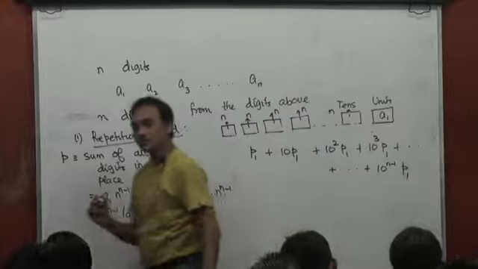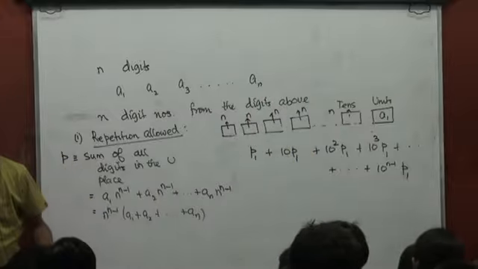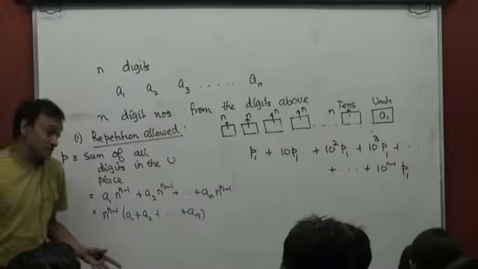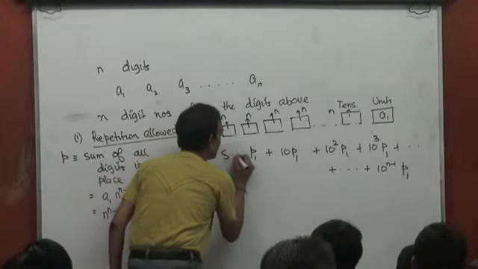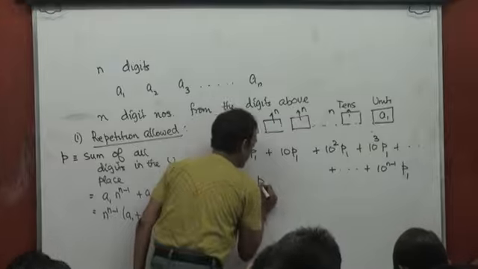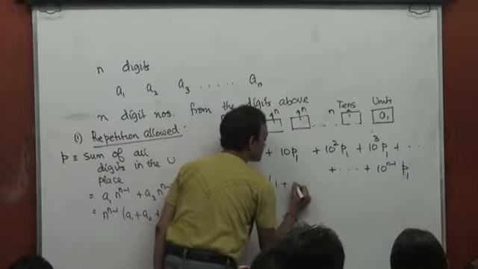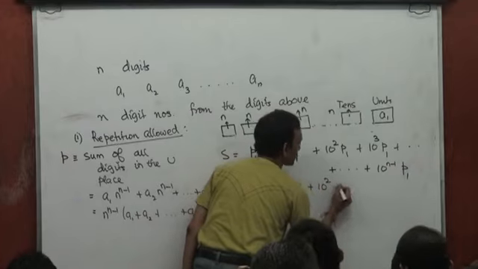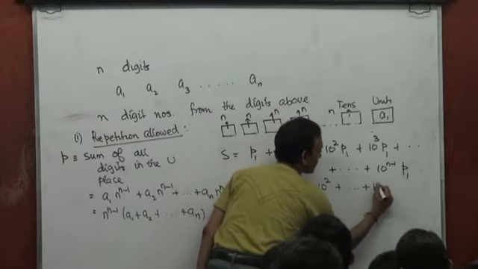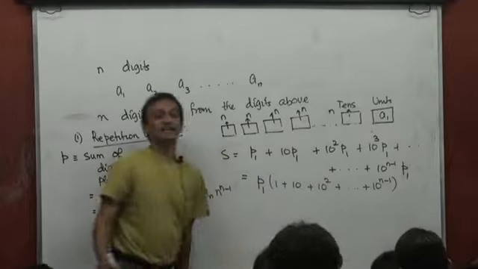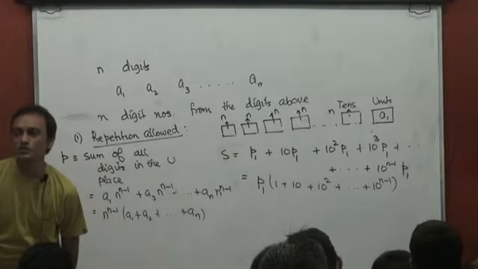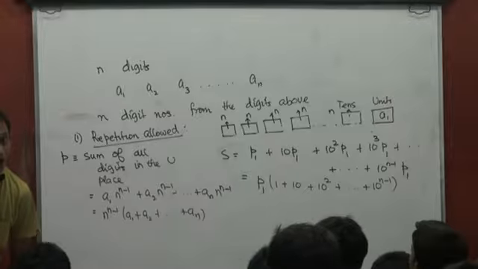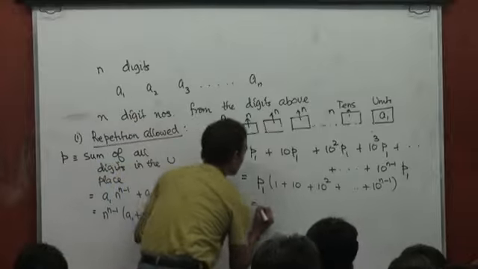That's the process of addition. Yes or no? So this would be the sum of all the numbers. This would be the required sum. S then would be P1 into 1 plus 10 squared plus 10 to the power n minus 1, which is what? A GP series with common ratio 10, number of terms n. So then this is like P1.